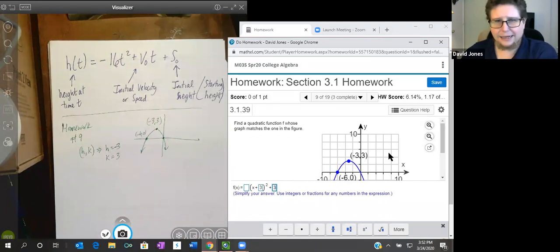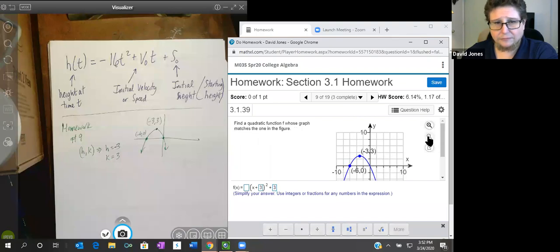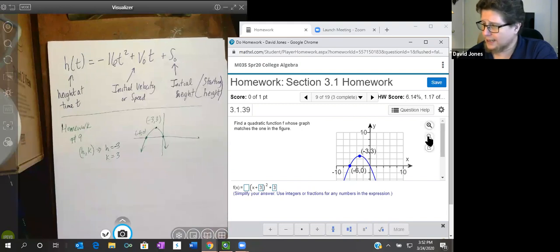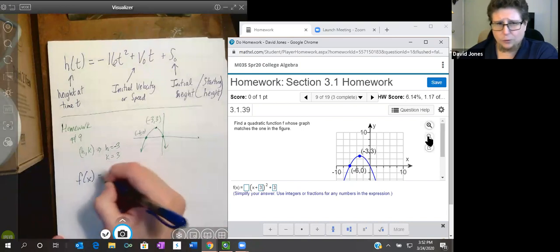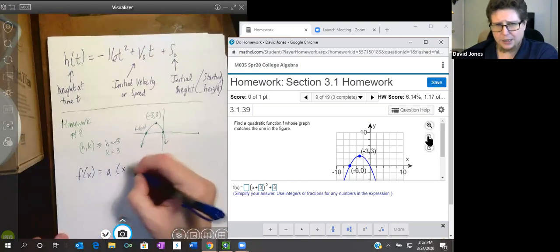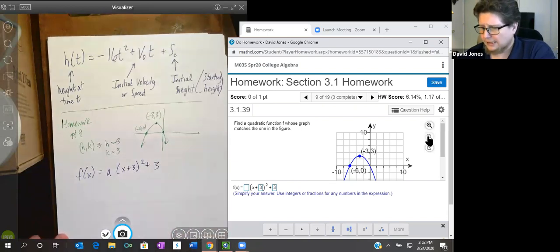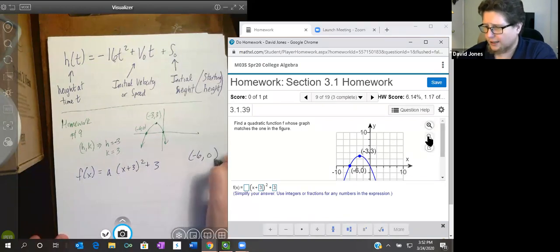What can I do with this negative 6, 0? Well, I know this has got to meet the equation. If I plug in negative 6, 0, I should be able to find out what's there. Right now, I have f of x equals a times (x plus 3) squared plus 3. And when x equals negative 6, f of negative 6 equals 0.